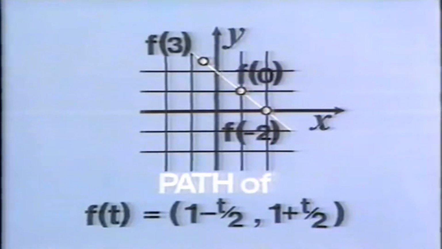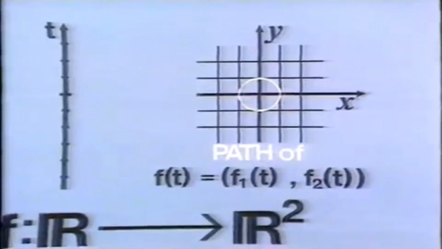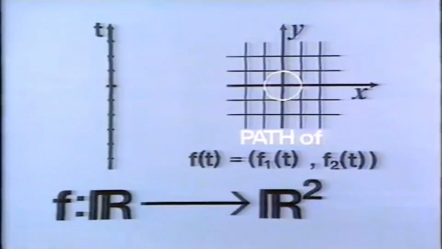Let's now look at another example of a function from R to R2, this time starting from its path. A circular path of unit radius. Once again, to specify the function, we need to specify which values of t map to which points of the path.